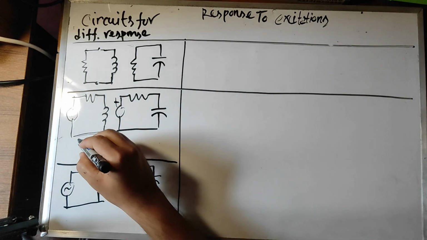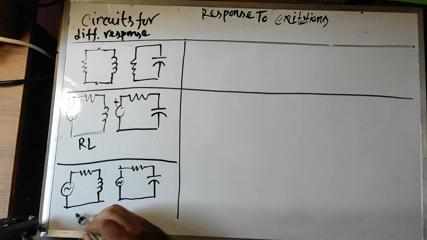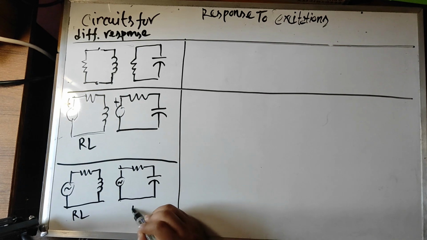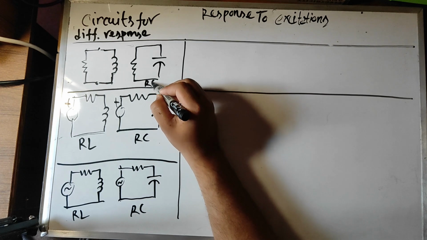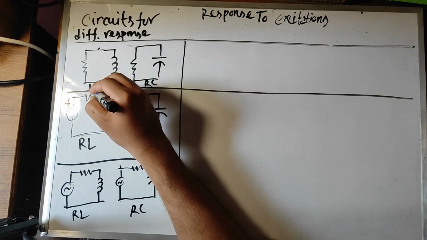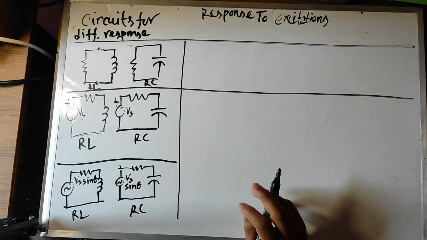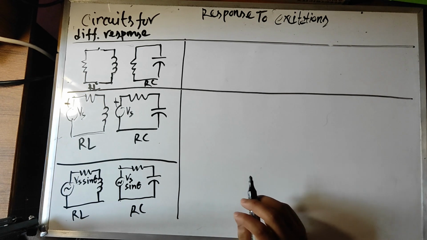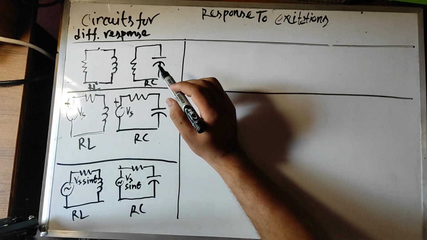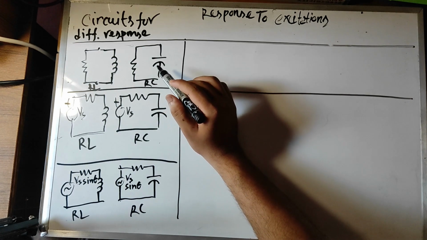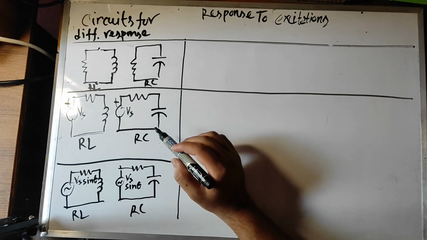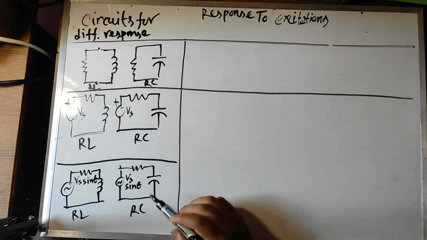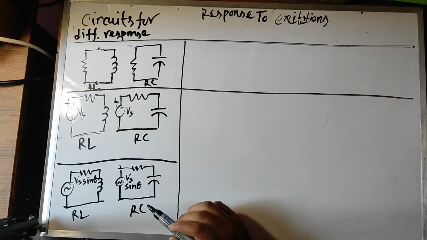This is the step response: RL, RC, RC, and RL. So here we can see the circuit for source free response, circuits for step response, and the RL and RC circuits for the sinusoidal response.